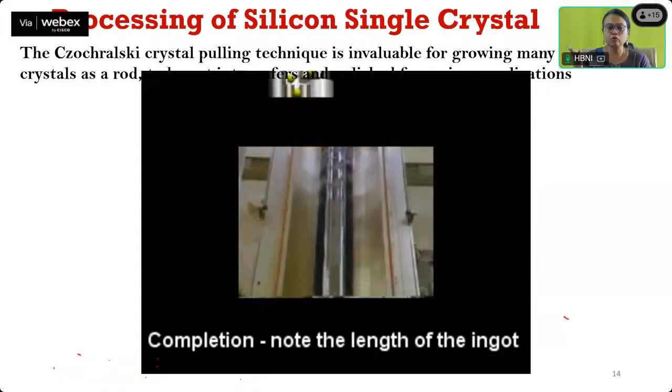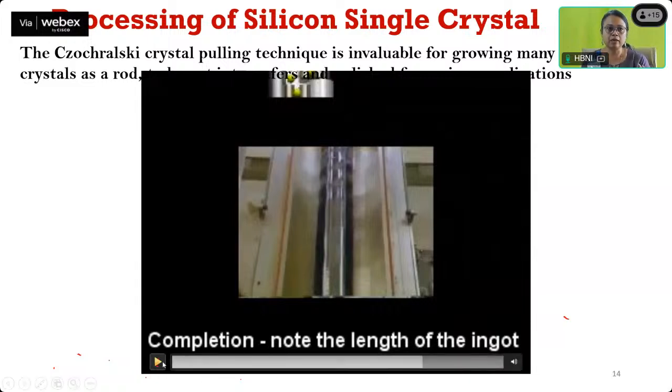But when you are going for the making of ICs, chips, which are used inside your mobile, your computer, your laptop, or even in a satellite, any technology you think about. This ingot, called the silicon crystal ingot, which we are growing from crystal growth, is not used directly.